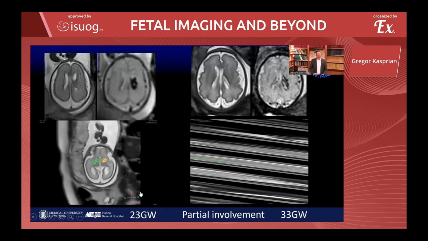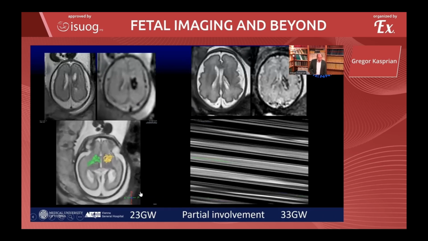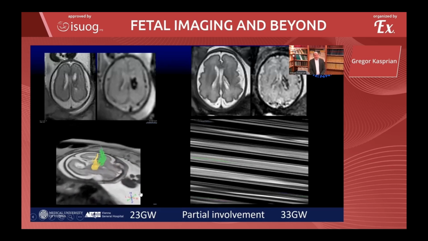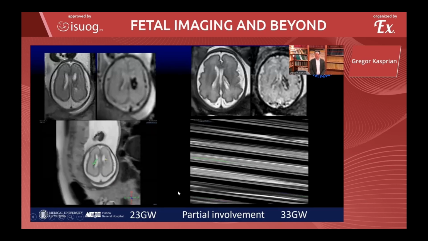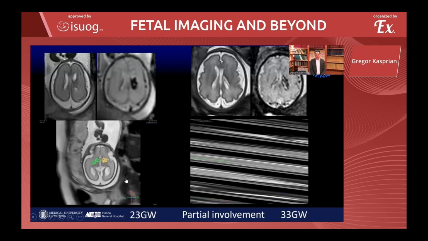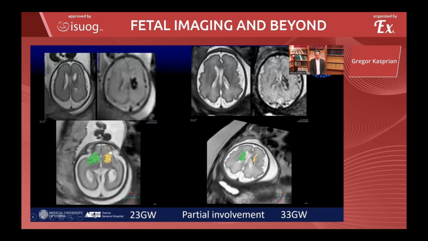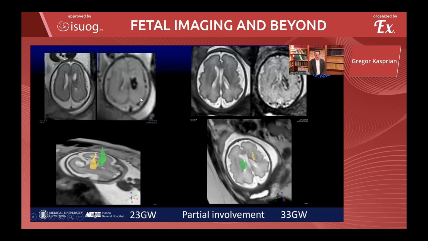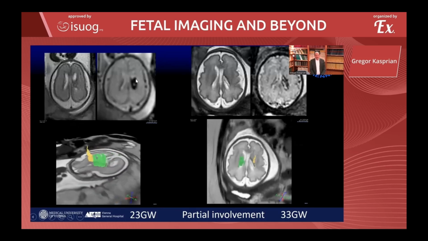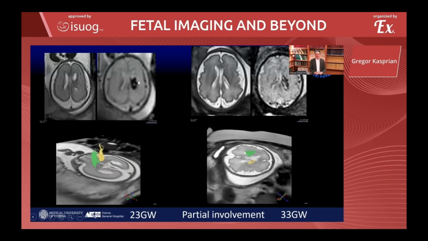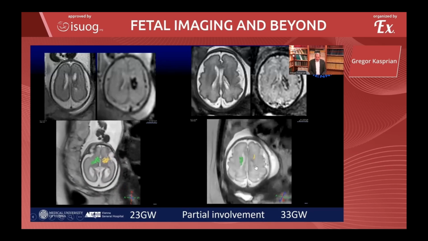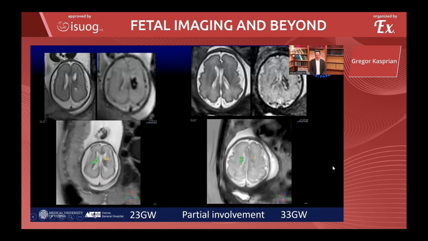I just give you an example here. One case imaged twice at 23 and 33 weeks. And you can see nicely there was a partial affection of this right-sided corticospinal tract affected by this intraventricular hemorrhage and some periventricular infarction and some destruction of the corticospinal tract.